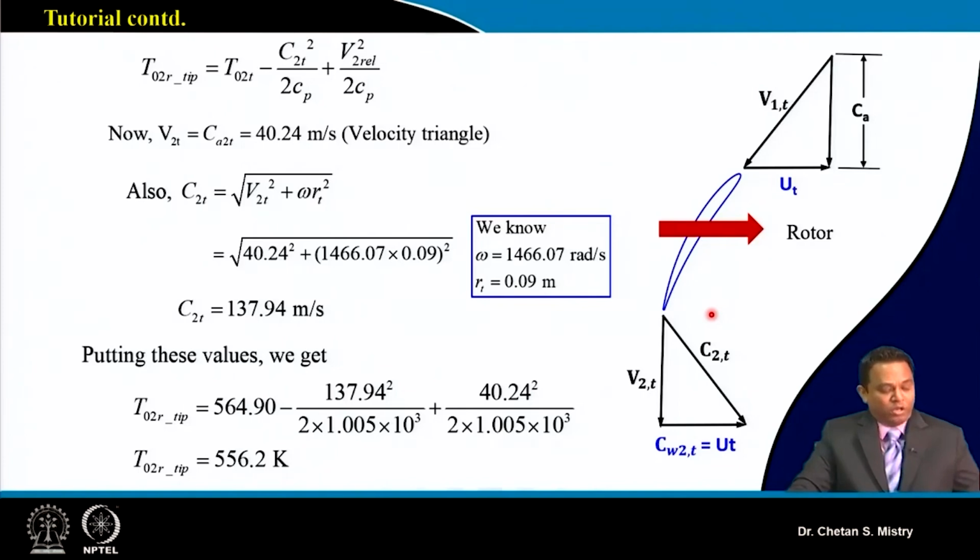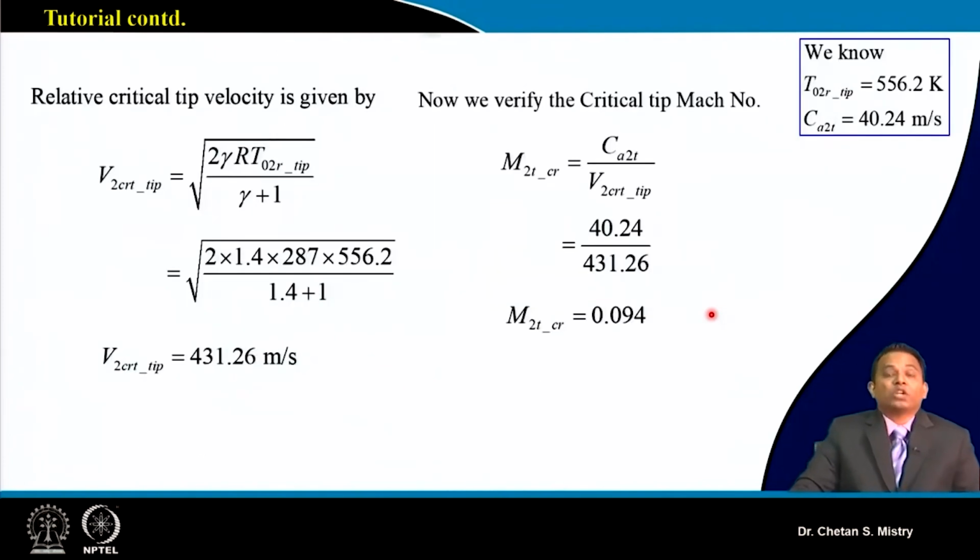Okay. Now this is known to us, so we can calculate our relative critical tip velocity. That is given by the square root of 2 gamma R T02 relative at the tip by gamma plus 1, which we calculate as 431.26 meter per second. Now we know our critical Mach number.